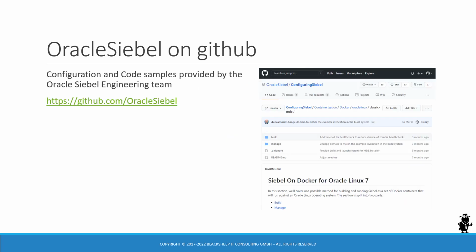Go to github.com/OracleSiebel, the GitHub repository provided by the Oracle Siebel Engineering team, where you can find lots of configuration and code examples, including examples to containerize your Siebel installation with Docker and many more very valuable pieces of information.